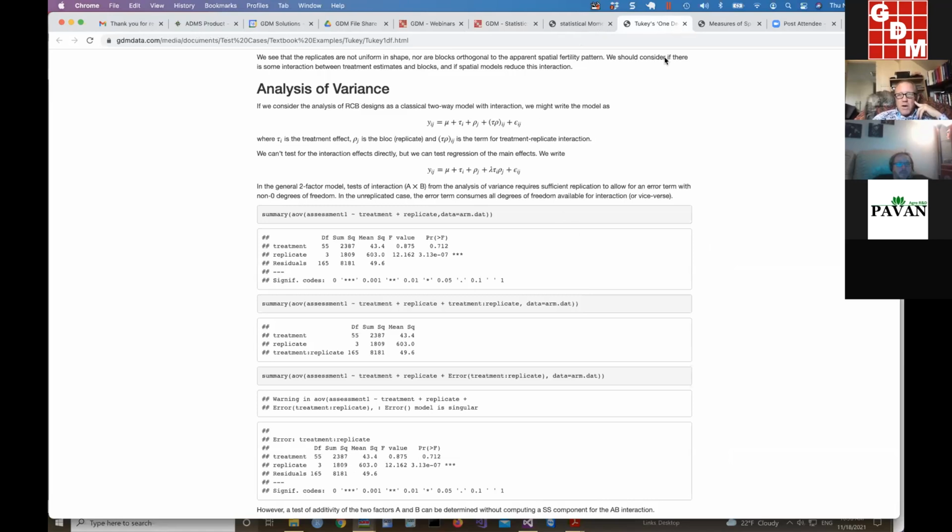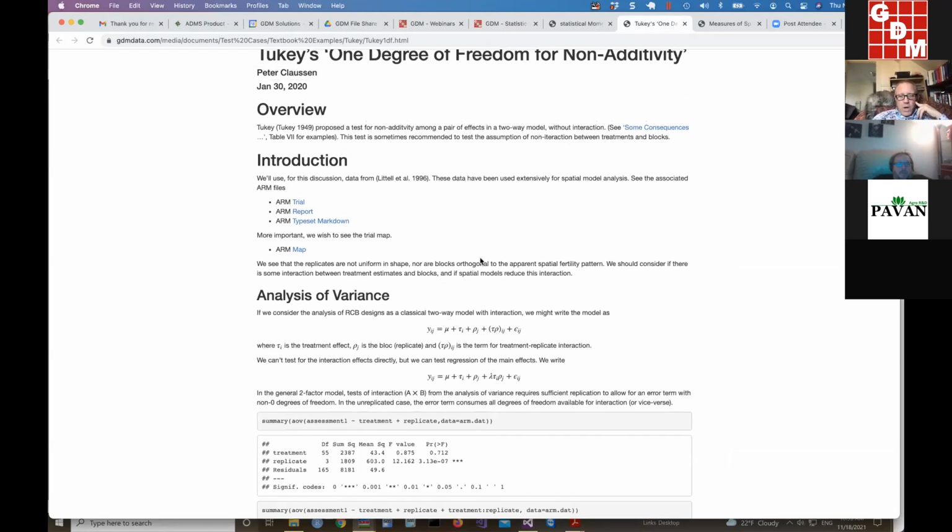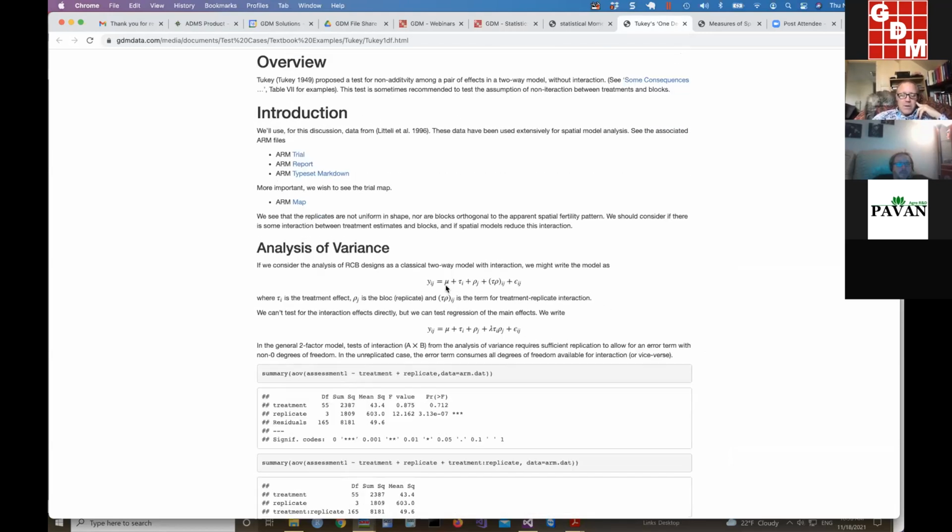when we talk about additivity, normally we would write our statistical model for a randomized complete block as a mean plus a treatment effect plus a replicate effect. We can't include the treatment by replicate interaction because that ends up absorbing all of the residual error. And so residual error and treatment by replicate interaction are the same in RCB.